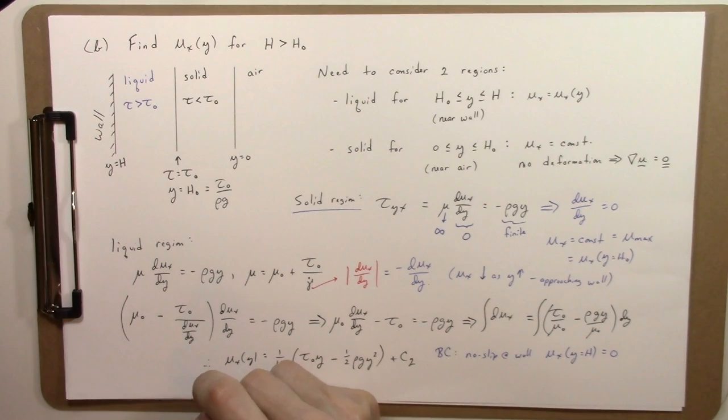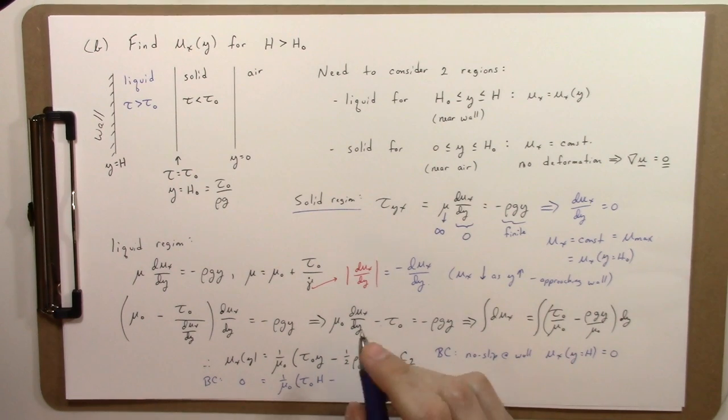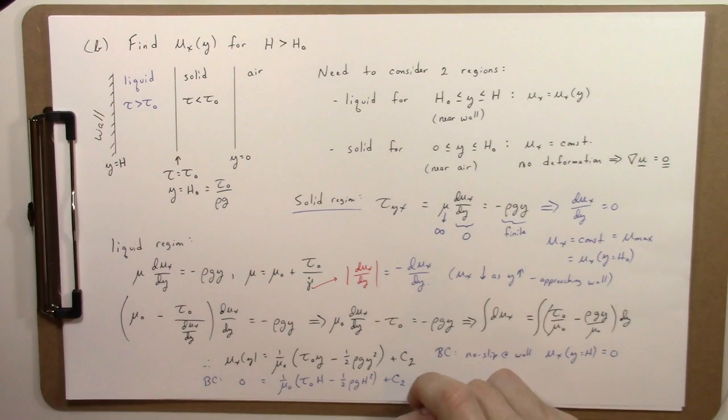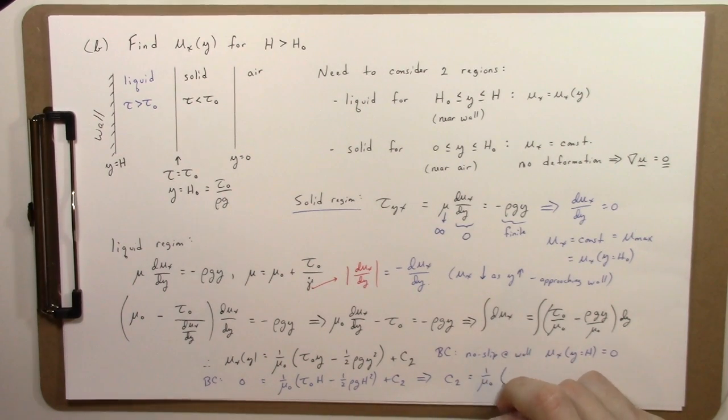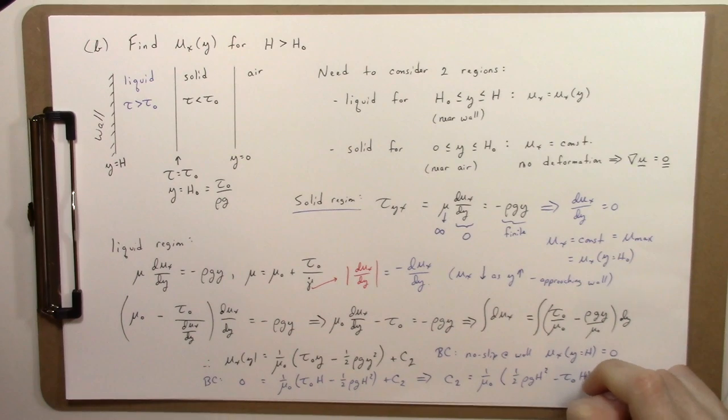So we can substitute that in here. 0 is equal to 1 over mu naught times tau naught H minus 1/2 rho g H squared plus C2. And we can then solve this for C2. C2 is simply equal to 1 over mu naught times 1/2 rho g H squared minus tau naught H.